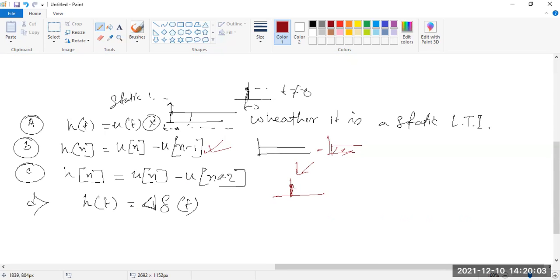In this case, u(n) and u(n minus 2), this is 2, this is 2. So if you neglect this 2, then it is 0 also, 1 also, so your signal lies at 0 also.